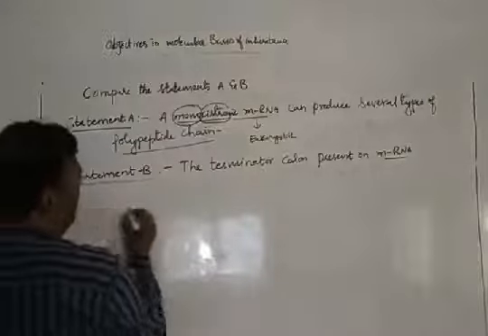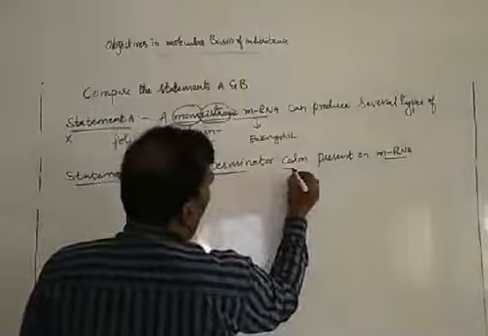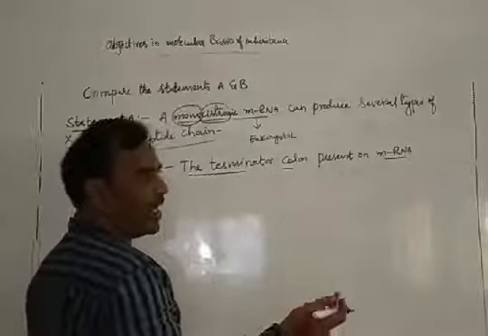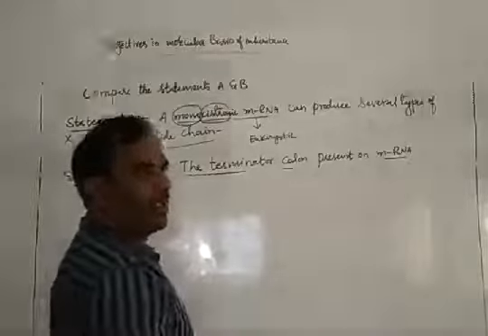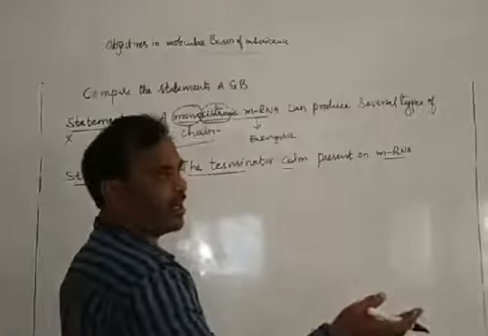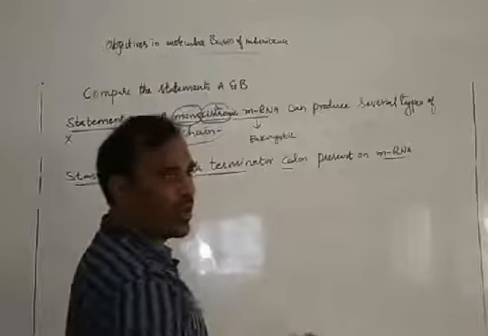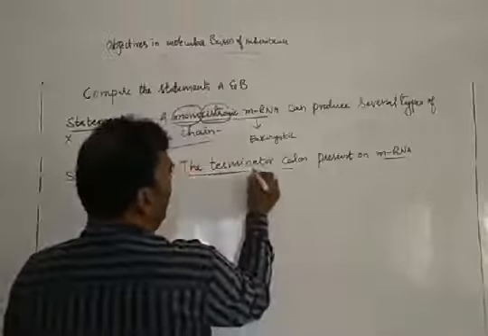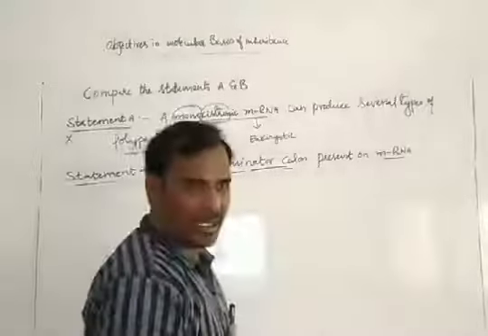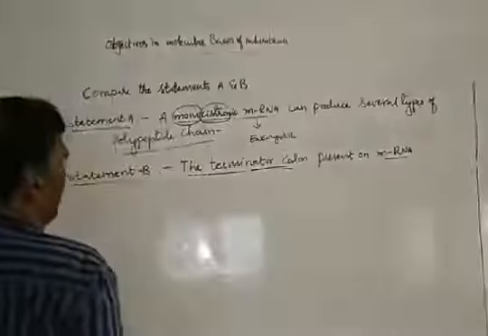The second statement: the terminator codon is present on the mRNA, downstream of the coding strand. At the 3' end of the coding strand, the terminator codon is present on the mRNA. So that is the right statement.